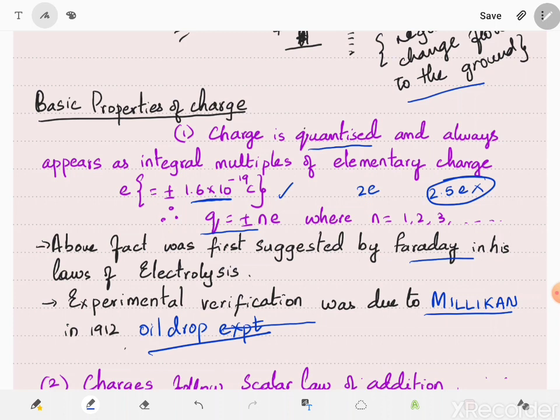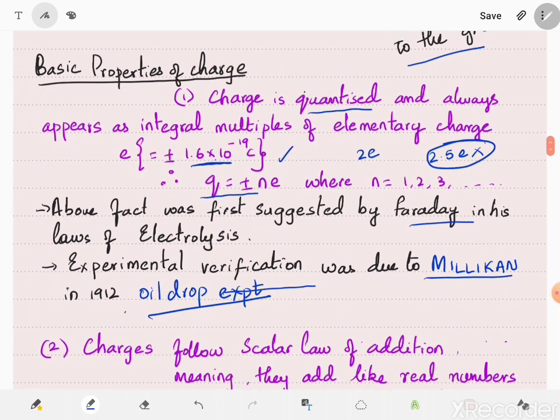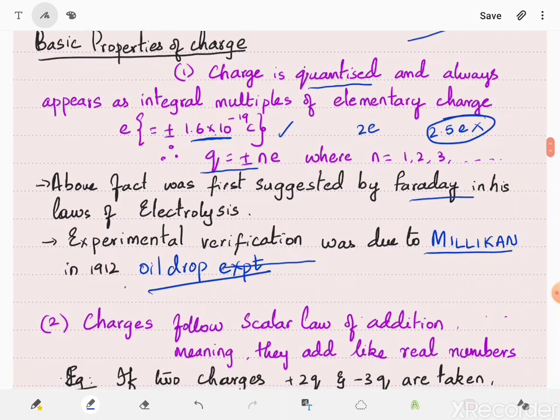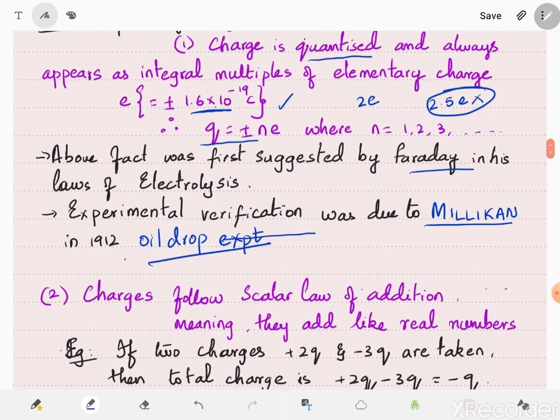So, repeating, charge is quantized and it always appears as integral multiples of elementary charge. The second property that I would like to discuss about the properties of charge is charges follow scalar law of addition, meaning they always add like real numbers. What do we mean by that?